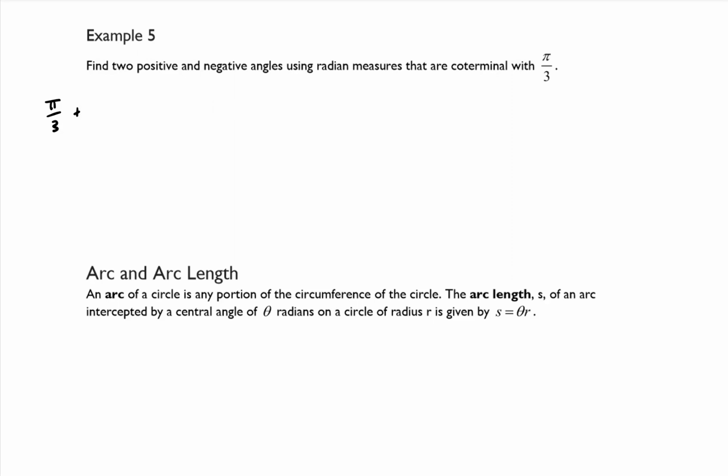So I'm going to add 2 pi to this, but these are fractions, and so we need to find a common denominator. This is the same thing as pi over 3 plus 6 pi over 3. Now if I combine those, that would give me 7 pi over 3.